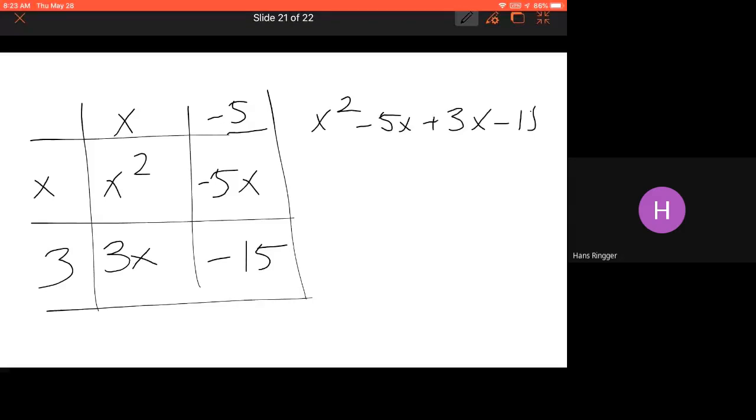We're going to write out the entire standard form equation. Now we can combine these common terms because they both have a single x. So we have x squared minus 2x minus 15. This was the equation we started with, and this is the equation that our factored form gave us. Looks like we were successful.